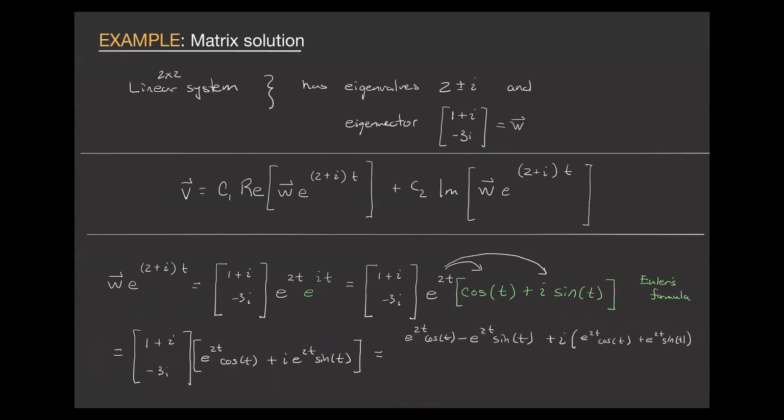And in a similar way, what we end up with on the bottom is, I think, a real part that's 3 e to the 2t sine t. And then we're going to have negative 3i e to the 2t cosine t.